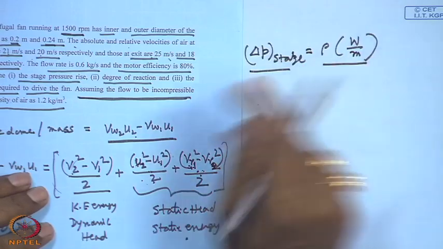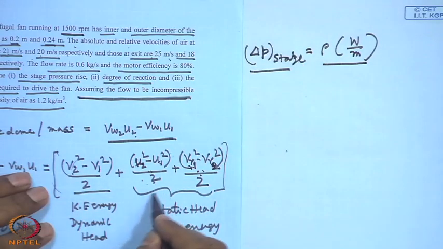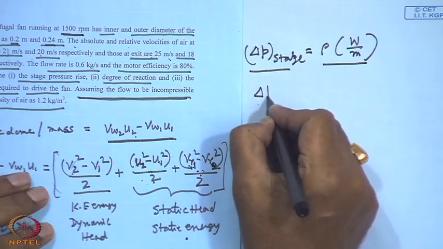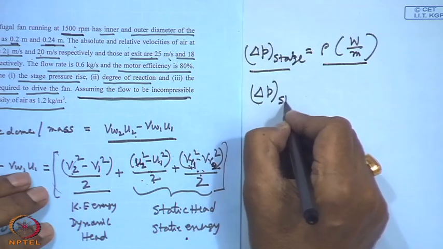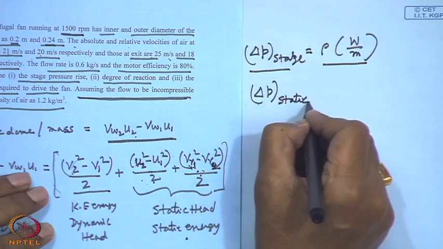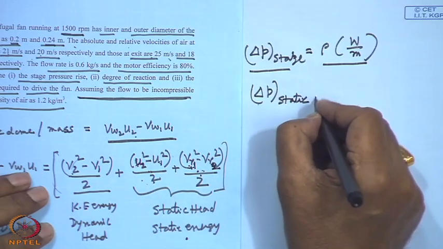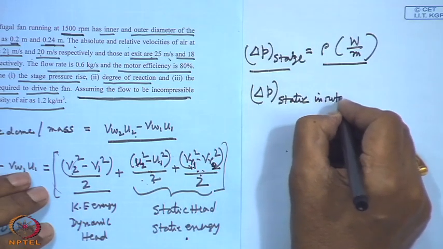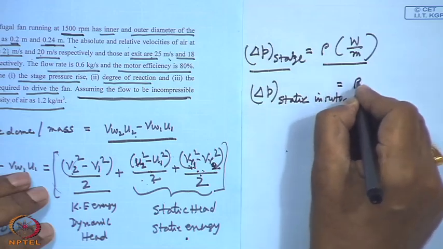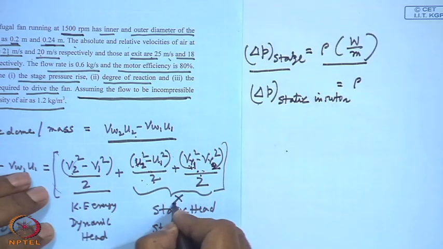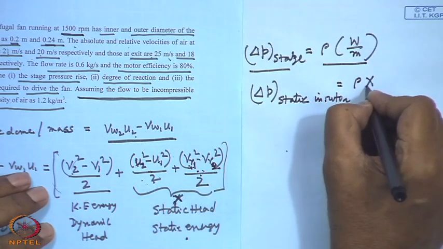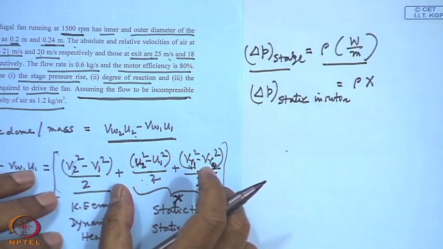Okay, fine. Now, static pressure rise is this one. So, delta P static in the rotor, because this is in the rotor, delta P static in rotor is equal to rho into, let this part I denote as x, rho into x.